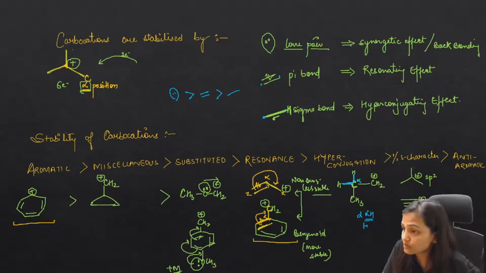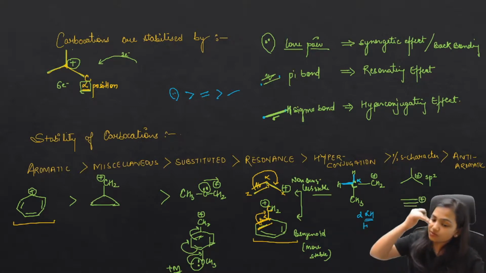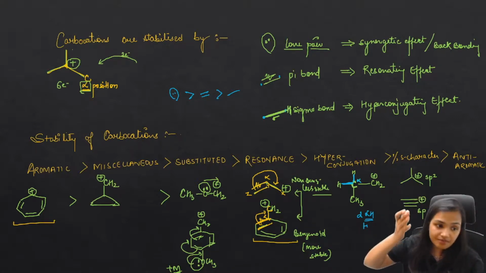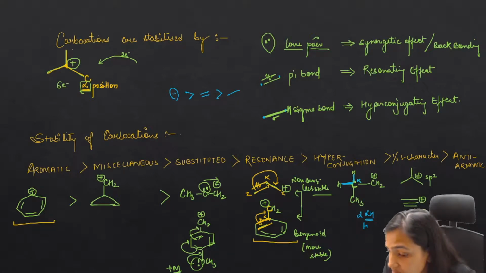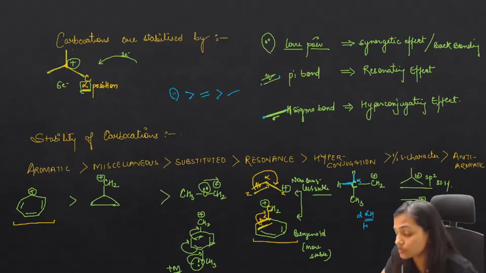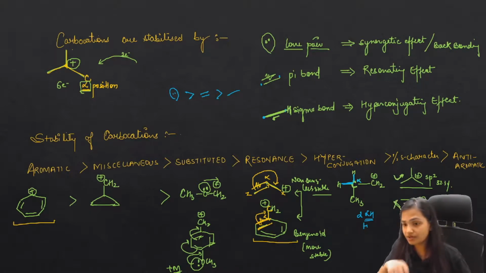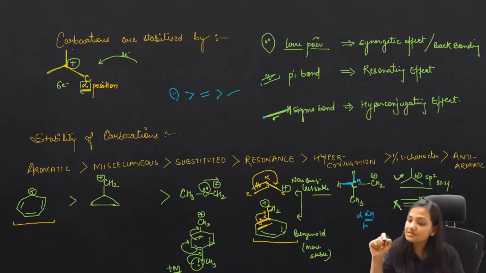As I told you, the more the percentage of p character, the more the energy and the more the stability. So as the percentage of s character increases, stability decreases. Here the percentage of s character is 33.33%, and here it is 50%. So out of these two, this is more stable than this one. The percentage of s character determines the stability.